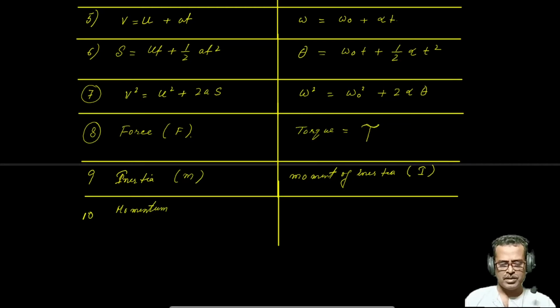We know that this is symbolized by P, and it is the product of mass and velocity. Angular momentum is symbolized by L. This is also a vector quantity and is I into omega.